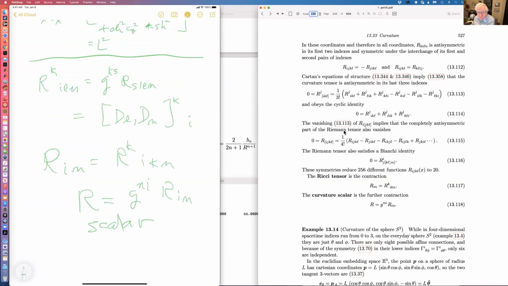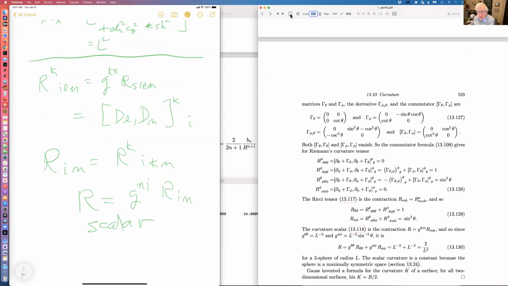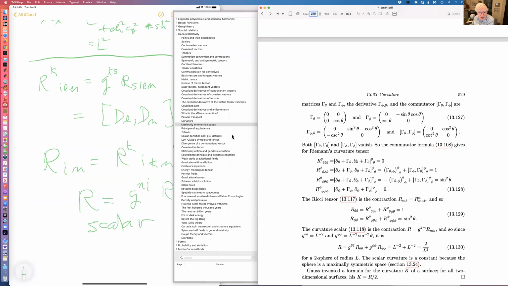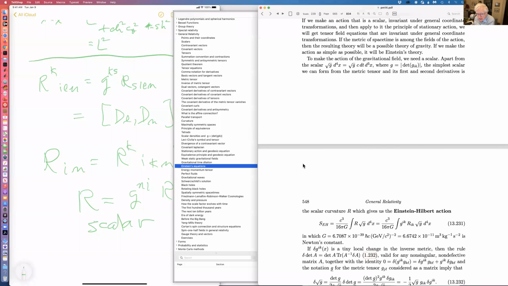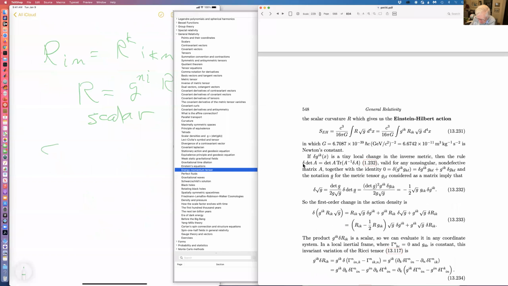And with that scalar, remember with the principle of least action, what do you like to have? You like to be able to say that S is equal to some scalar times, in ordinary field theory, it's just d^4x.